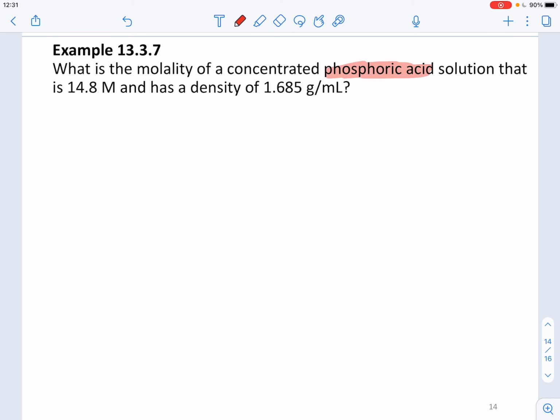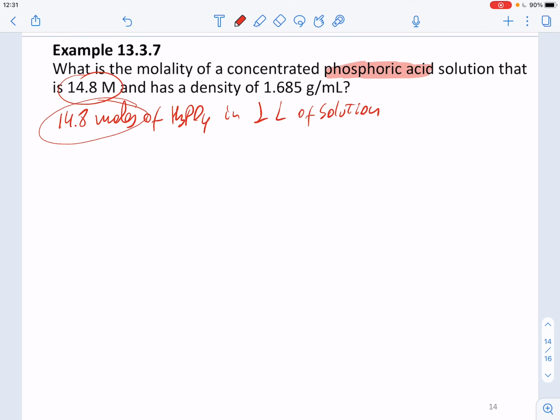Again, we only have concentration, we don't have a starting point here, but since this means 14.8 moles of phosphoric acid in 1 liter of solution, then that's actually our starting point.